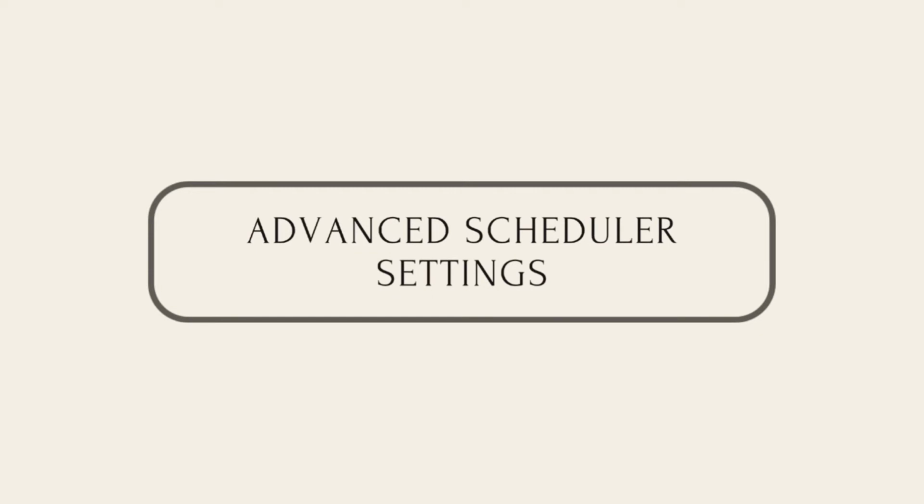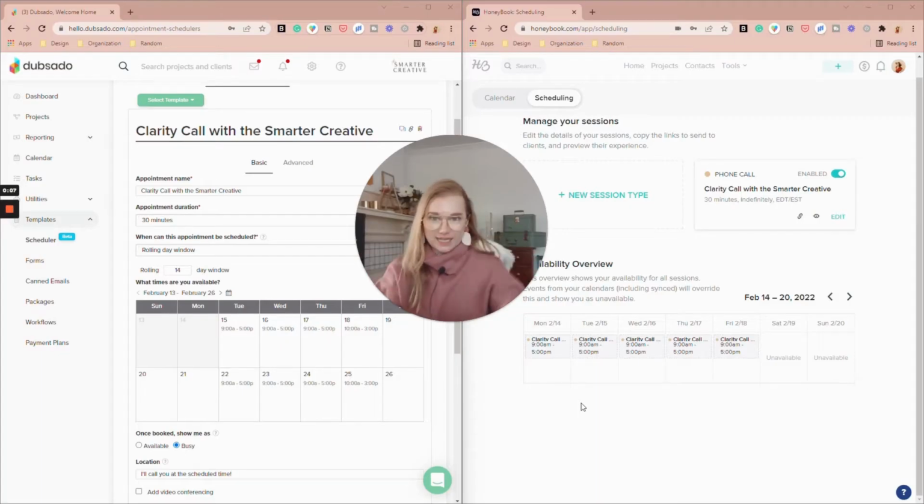So when it comes to schedulers, apart from the fact that if a lead clicks on a schedule they automatically get put into a project, which is a win on HoneyBook's side, Dubsado wins out on the additional information that can go with a scheduler. The first one I'll show you is copy link.